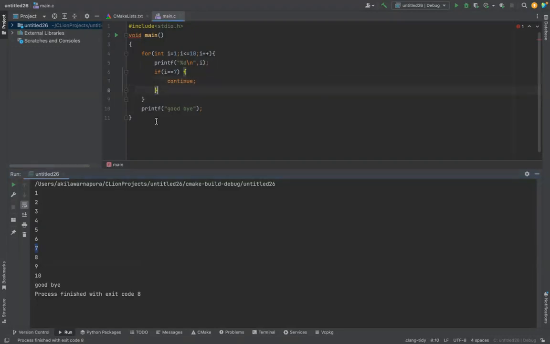That means suppose that now there is another thing here. Printf. Hello. I put a space.